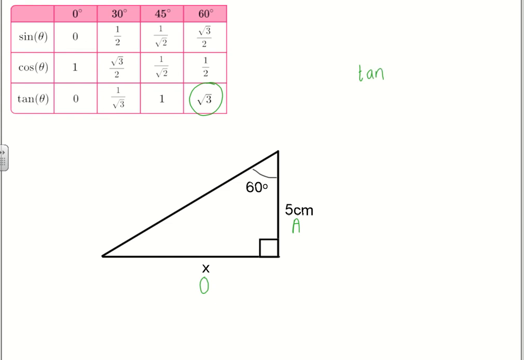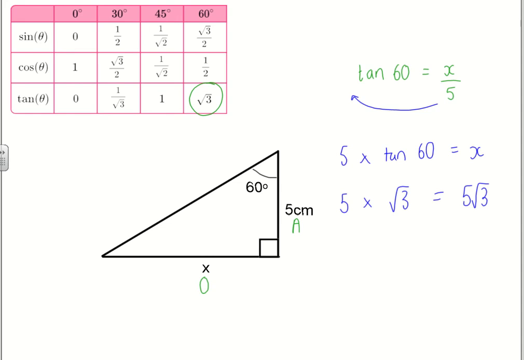So tan 60 equals o over a, so that's x on the top, 5 on the bottom. That's going to become 5 times tan 60. Tan 60 from the table is just root 3. So 5 times root 3 is just 5 root 3. So x is 5 root 3.